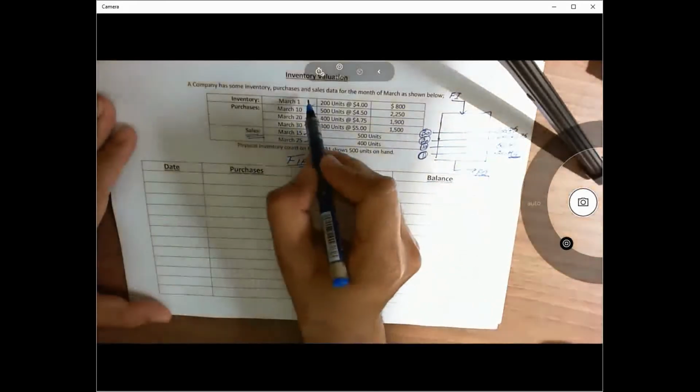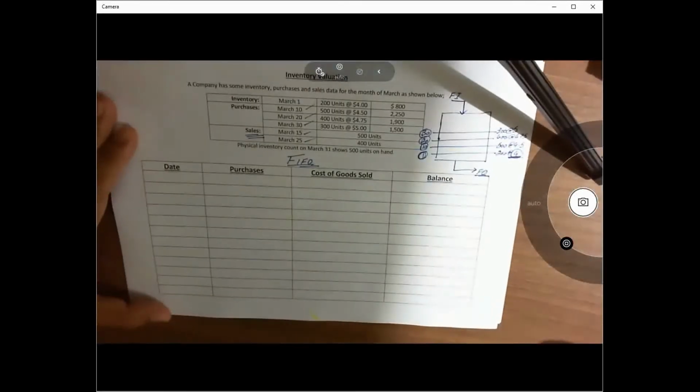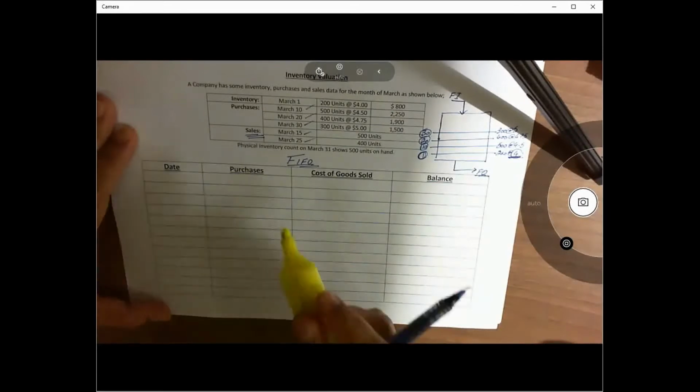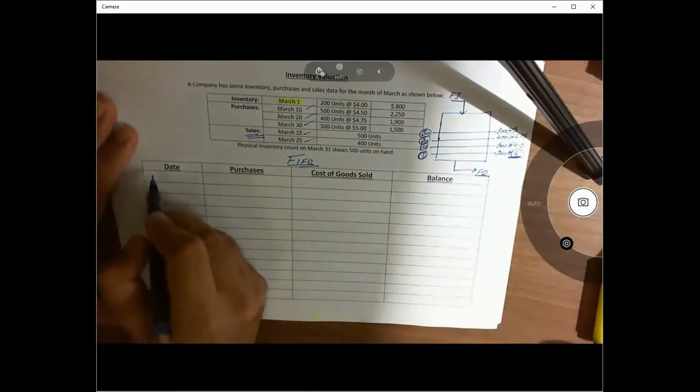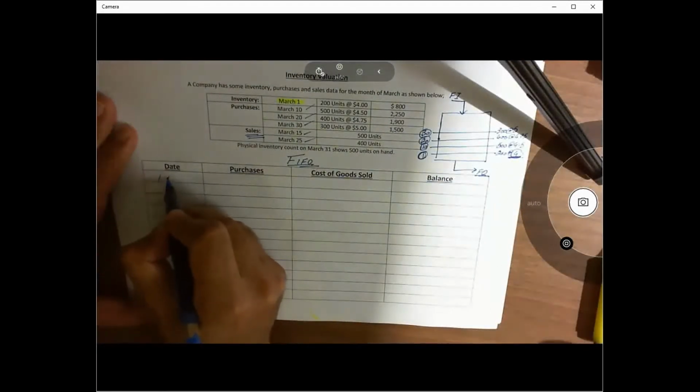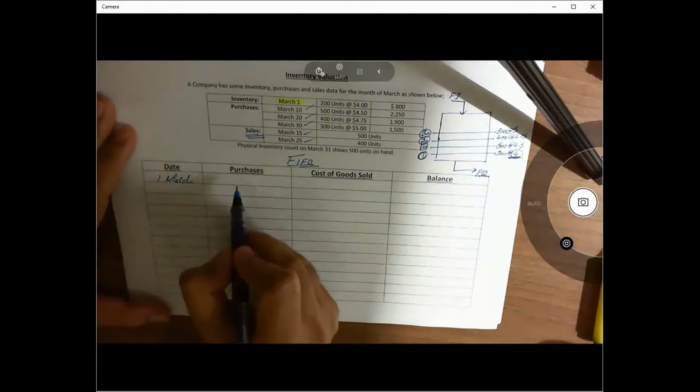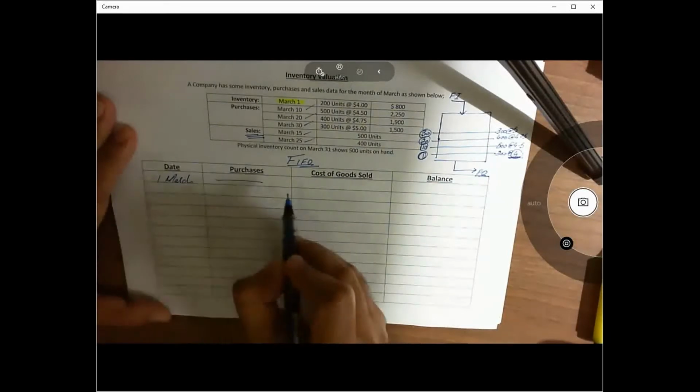So 1st of March. We will start with 1st of March. You can see this 1st of March, so we will highlight this over here. 1st of March is our opening balance. So 1st of March, what is happening? Are we purchasing something? No. Are we selling something?